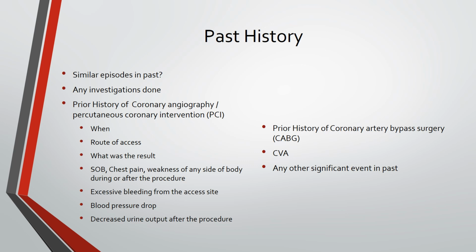If it has been done, then we have to ask further questions about it: when it was done, what was the route of access, whether it was radial or femoral, what was the result if the patient knows it, and whether the patient developed shortness of breath, chest pain, or weakness of any side of the body during or after the procedure, excessive bleeding from the access site, blood pressure drop during or after the procedure, and decreased urine output after the procedure.